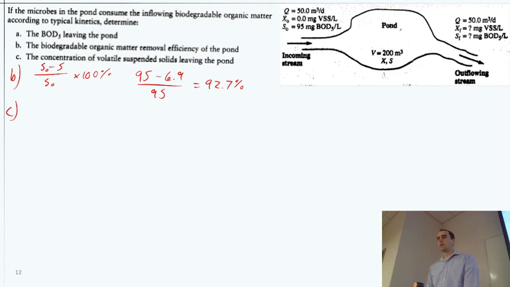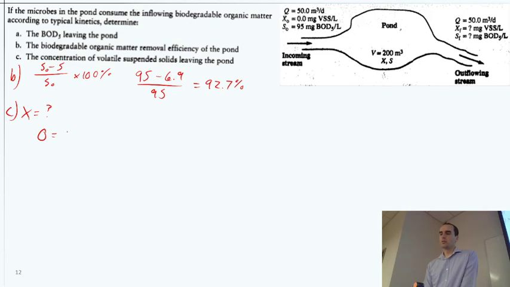So part C then, we're taking a look for the concentration of volatile suspended solids leaving the pond. So that's X. Leaving is now the question. All right, so we'll go ahead and set up a mass balance.